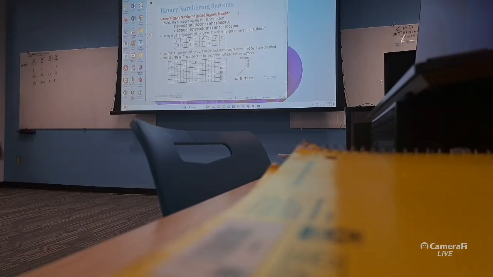12.501.6.9. Will this work? Why not? 501. It has to be between 0 and 255. So this one's ugly. It never works, right? How about this? Will that work? Yes or no? Are we good?